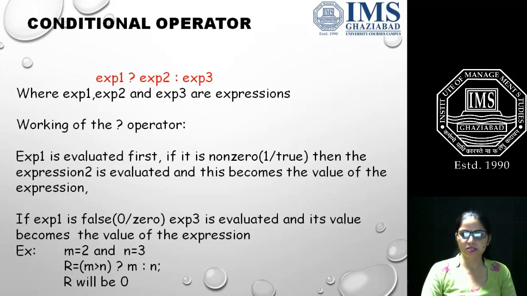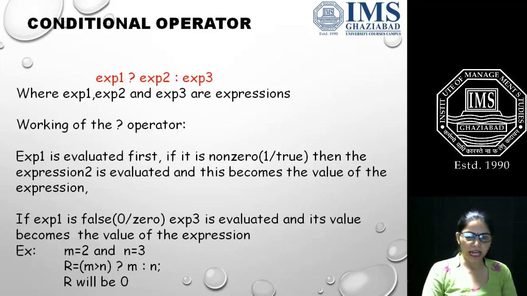If it is non-zero, that is true, then expression 2 is evaluated. And if expression 1 is false, then expression 3 is evaluated. So expression 1 decides whether expression 2 or expression 3 is evaluated.